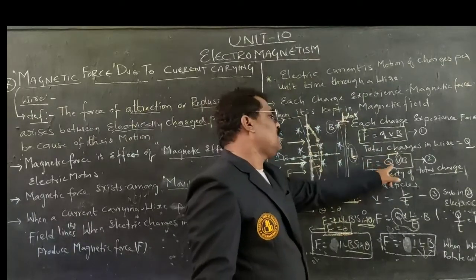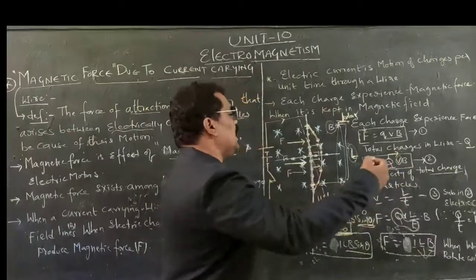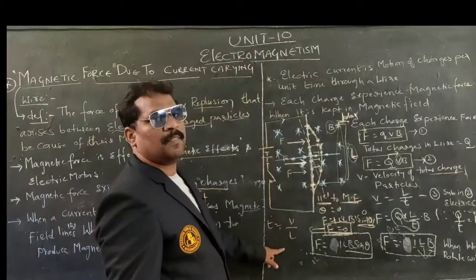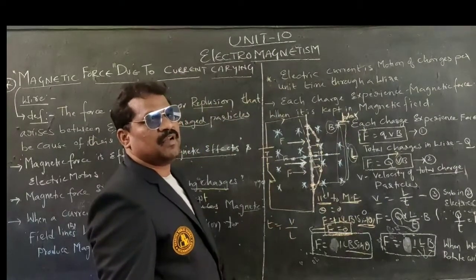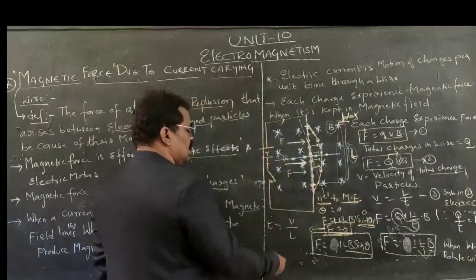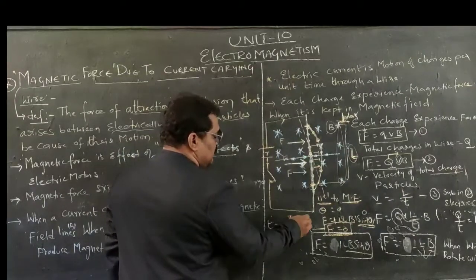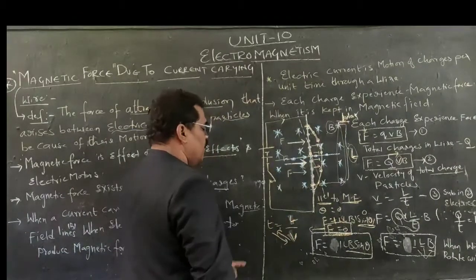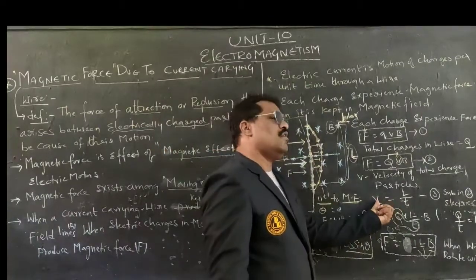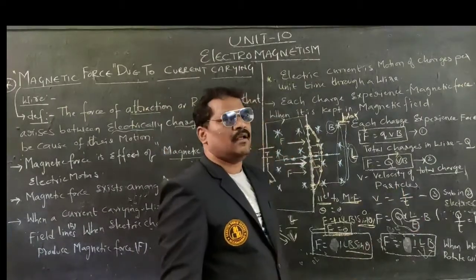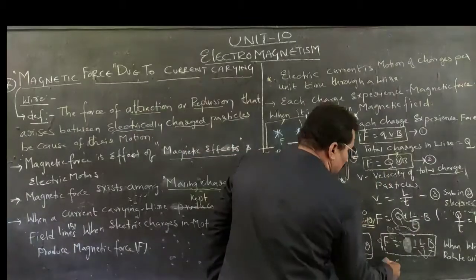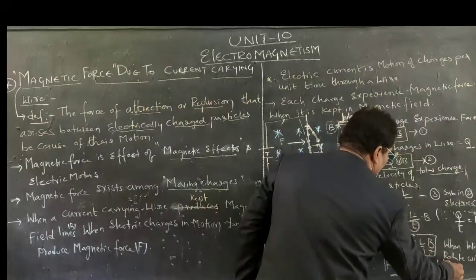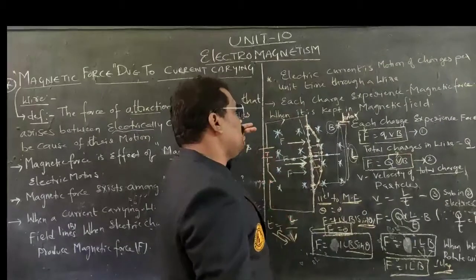But v is velocity, which is displacement per time interval, v = L/T. Substituting that, F = ILB is the force exerted when the wire is placed perpendicular to the magnetic field.